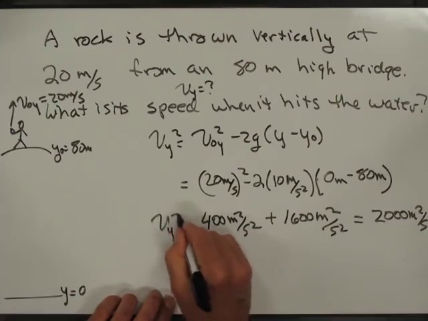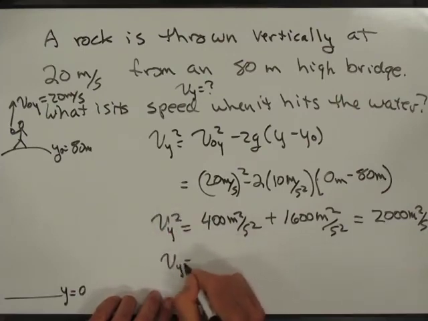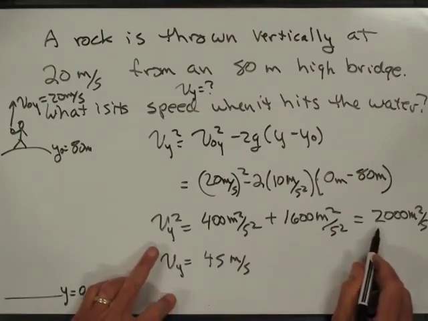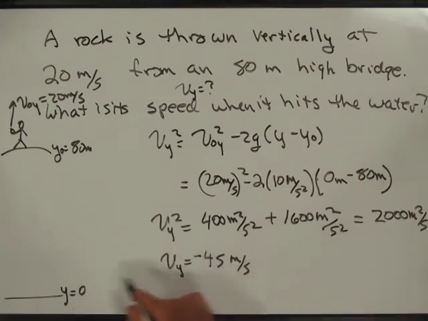That's my Vy squared. And so Vy is equal to the square root of that, which is about 45 meters per second. Now notice I'm taking the square root. Square roots can be plus or minus, and so technically I know it's going downward. And so Vy is minus 45 meters per second.